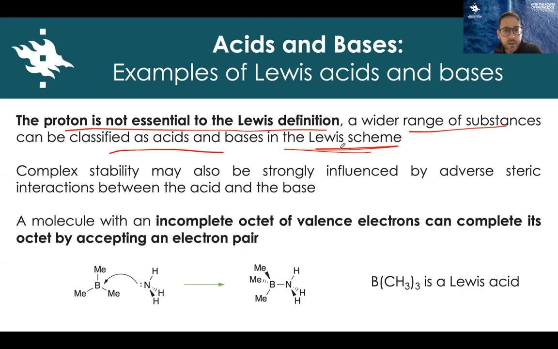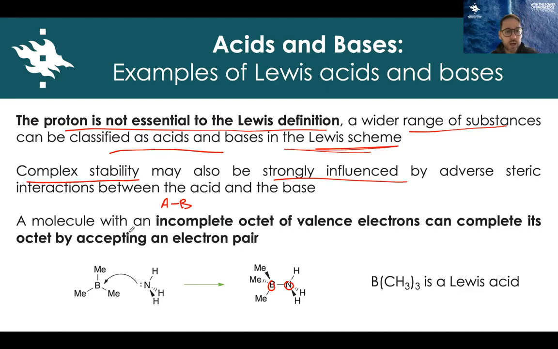So a wider range of substances can be classified as acids or bases based on the Lewis theory. And also, in addition to all of this, the stability of the complex or this acid-base union can also be strongly influenced by steric interactions between the acids and bases. So the interactions of the groups bound to the atom in space.